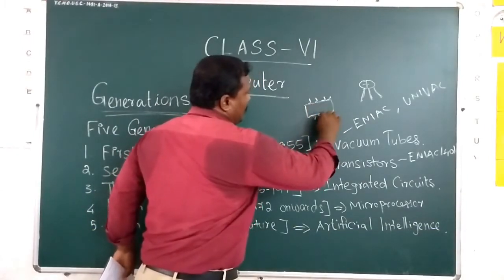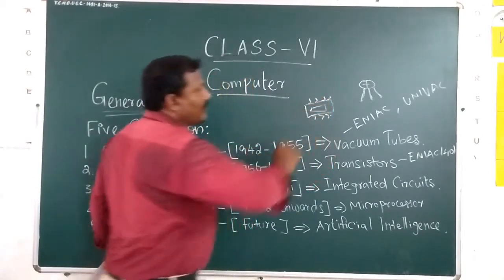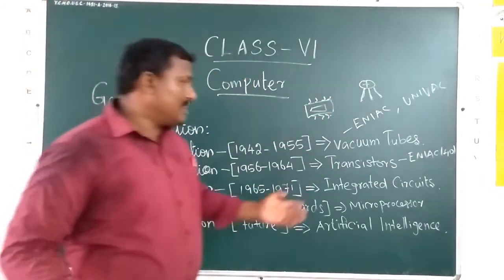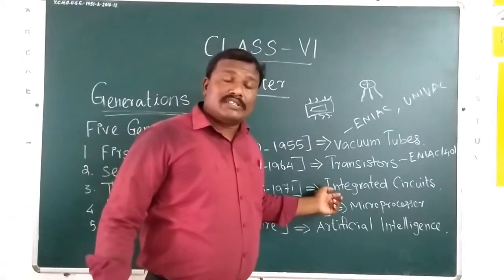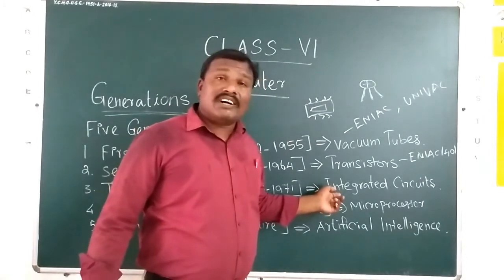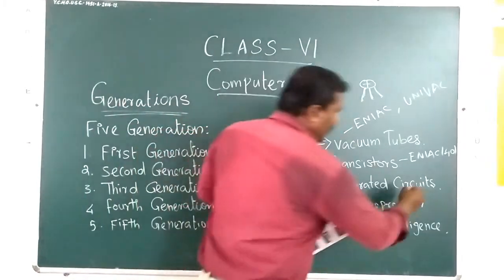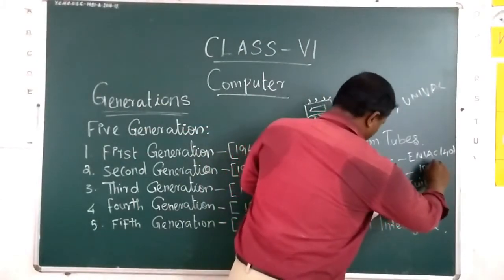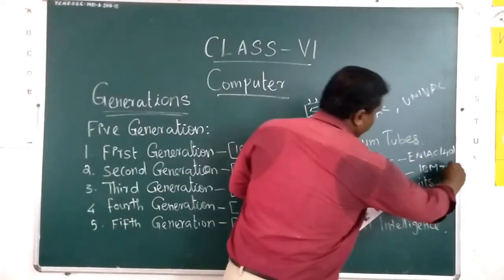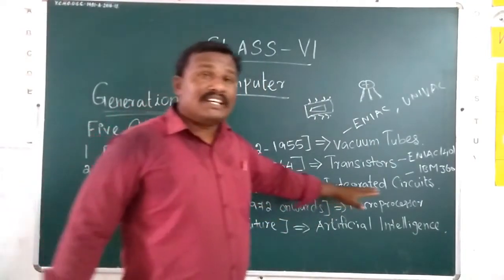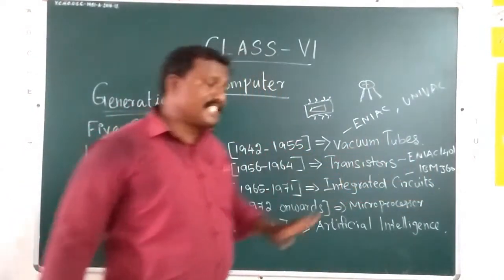So this is the third generation computer. They used integrated circuits, simply called IC. The example of third generation computer is IBM 360.